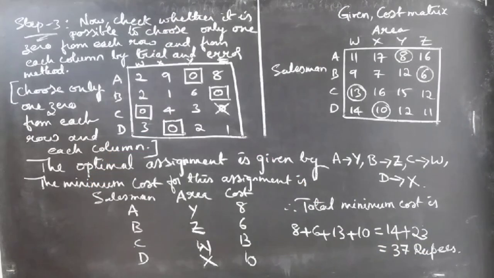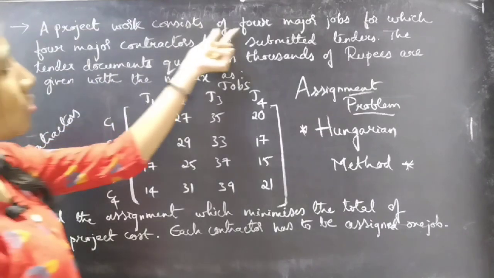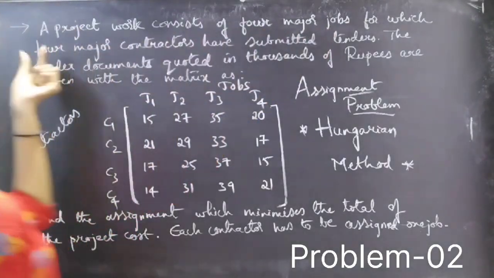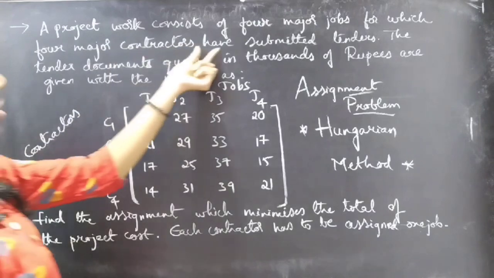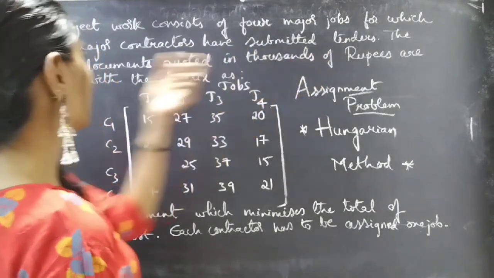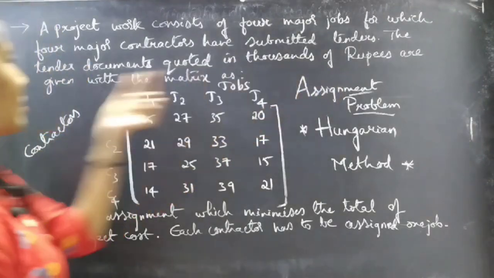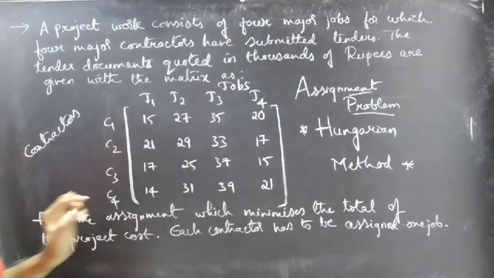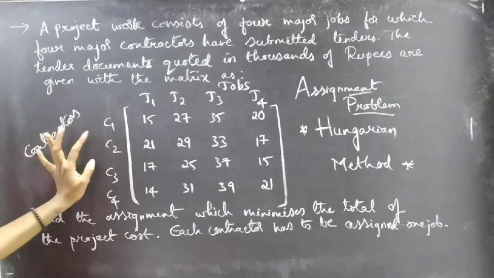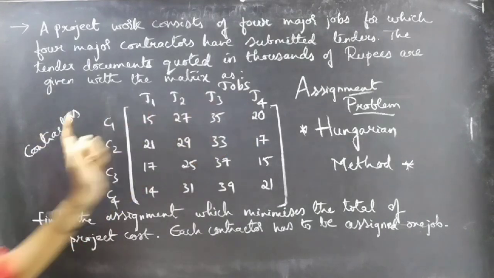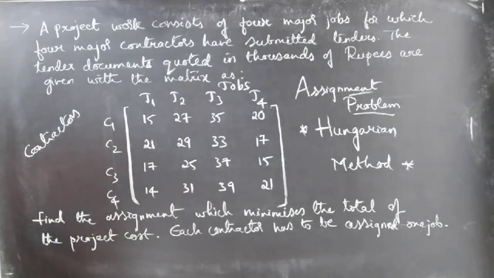If a project work consists of 4 major jobs for which 4 major contractors have submitted tenders, the tender documents quoted in thousands of rupees are given with the matrix. So we are given a cost matrix, 4 jobs, 4 contractors.